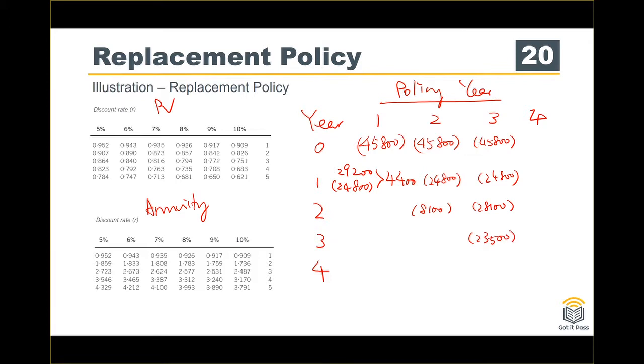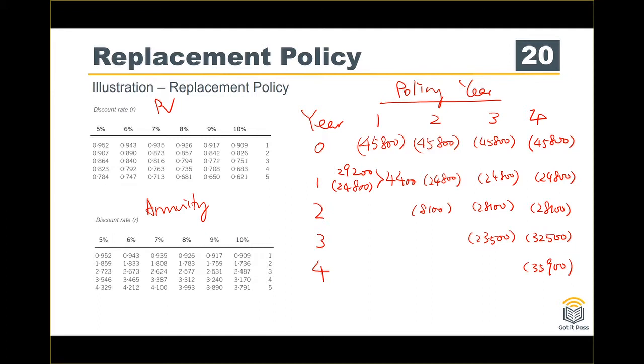In the 4-year policy, follow the same rule.